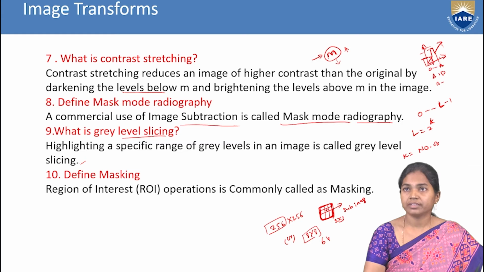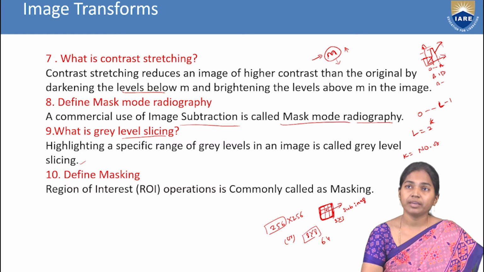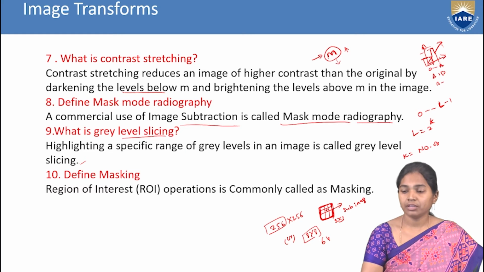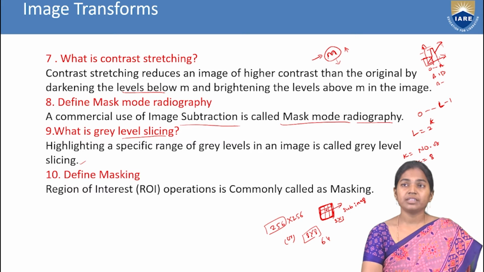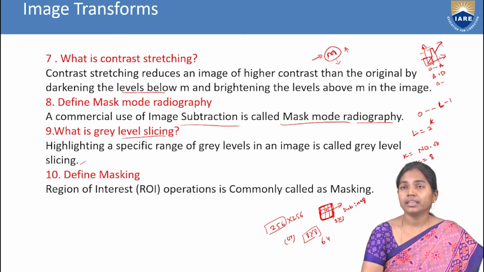For example, if we use K equal to 8 bits in each pixel, then L equals 2 power 8, which is 256.